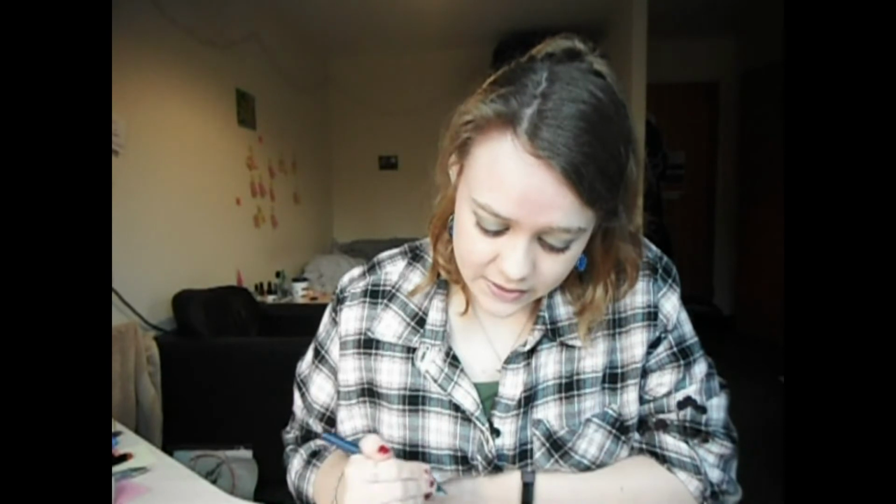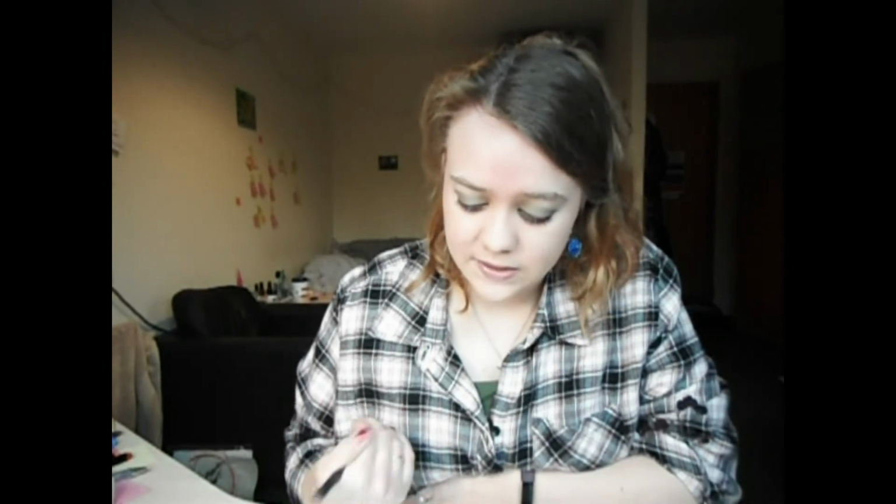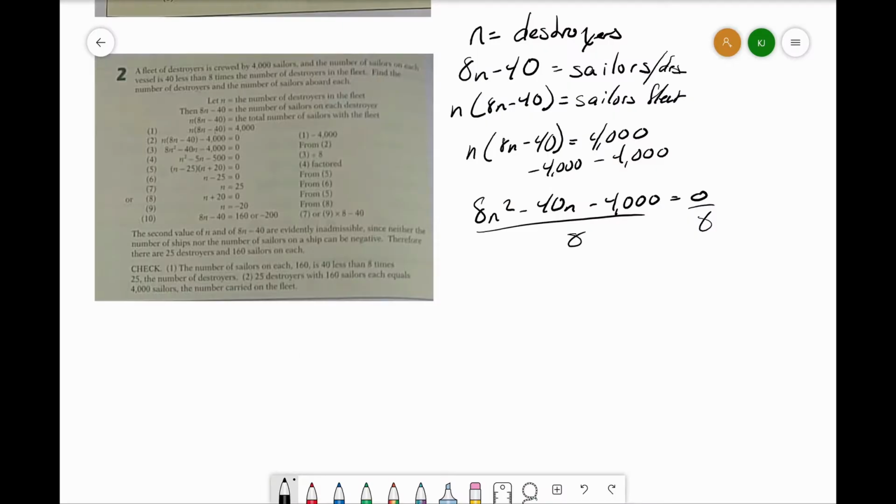And from here we can start reducing this, because right now these are quite big numbers. But if we see, they're all divisible by 2. They're also all divisible by 8. So if we divide both sides by 8, we end up with n squared minus 5n minus 500, which is equal to 0.